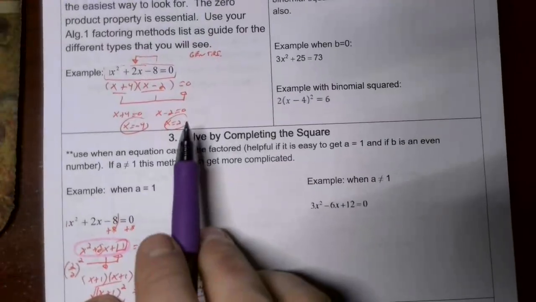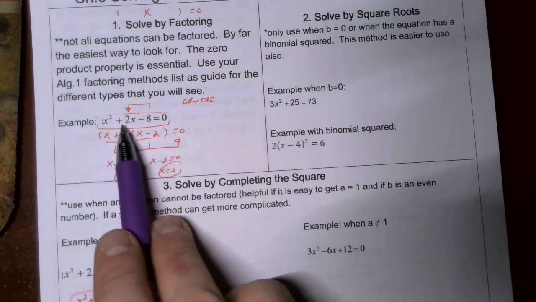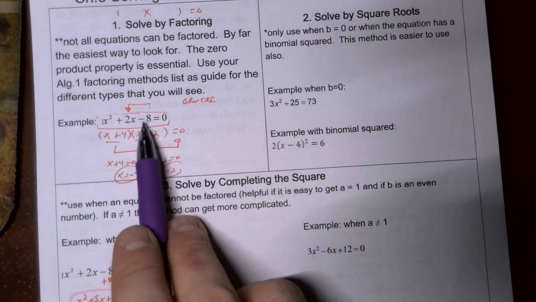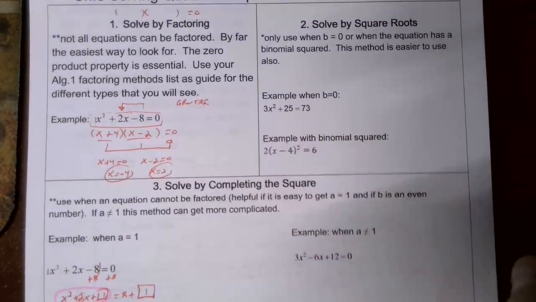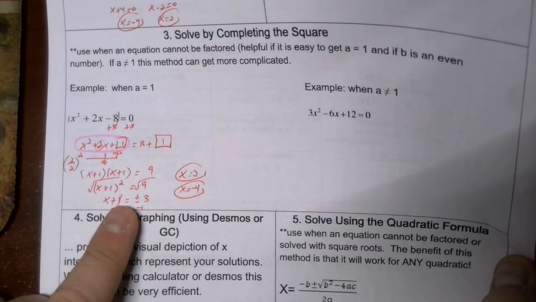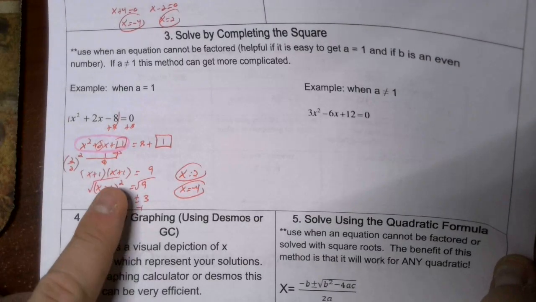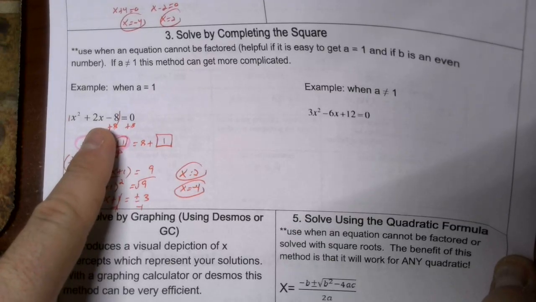See, factoring only works some of the time because some of these are unfactorable. So we have to realize there's limitations to the factoring method. Complete the square works all the time, but it can become a little bit more complicated when the b term is odd. So that's why I only use this method when the b term's even.